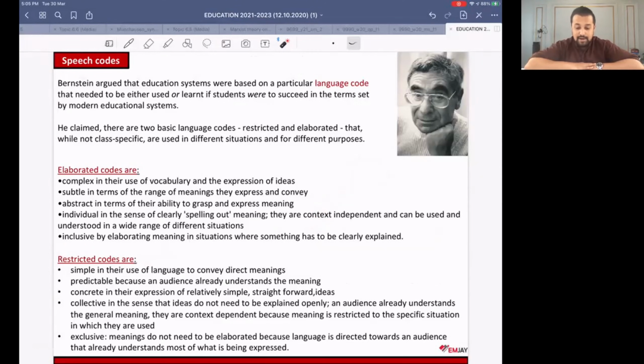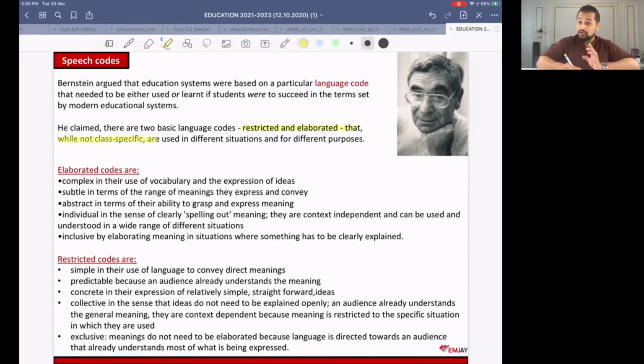Now, what I had said back then was, according to Bernstein, there are different language codes, and we name them as elaborated codes and restricted codes. And these elaborated and restricted codes do affect the educational attainment of pupils. One thing I like making clear over here, according to Bernstein, these restricted and elaborated codes are not class specific.